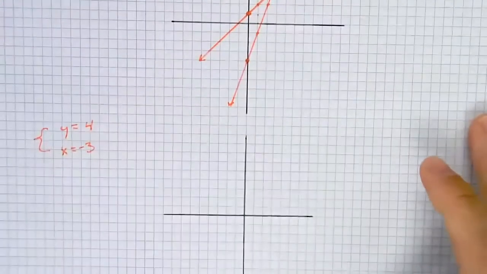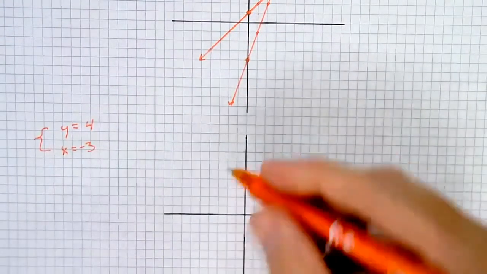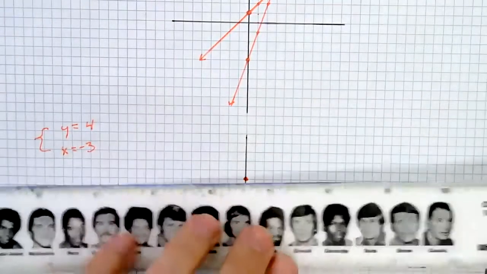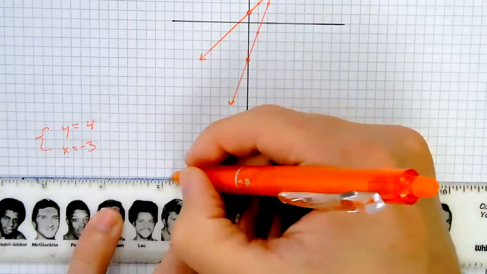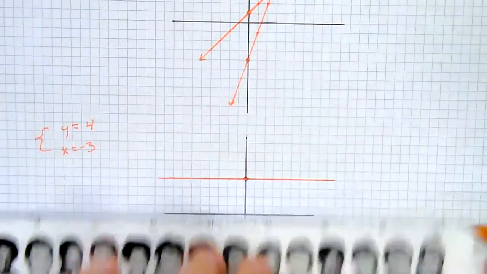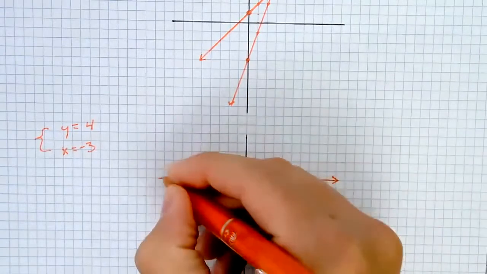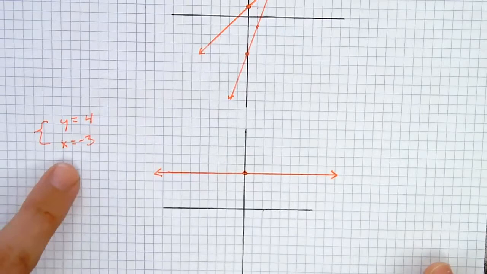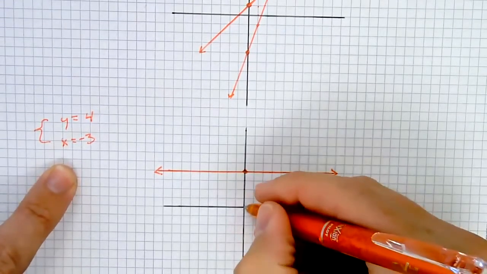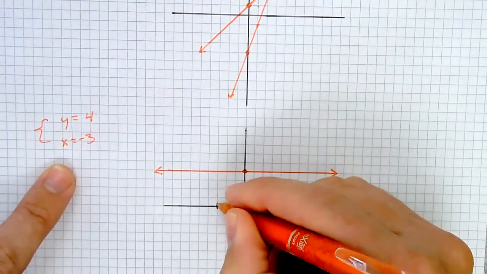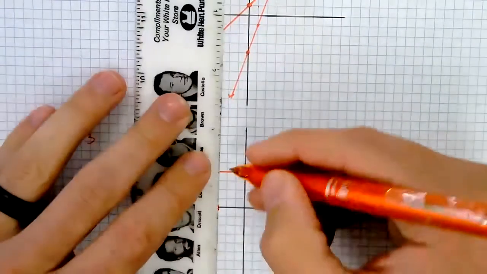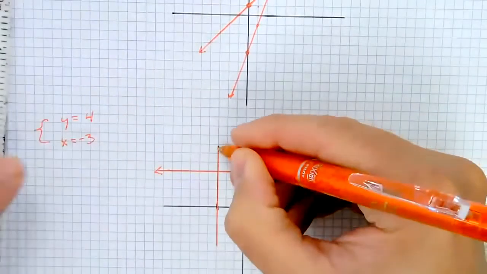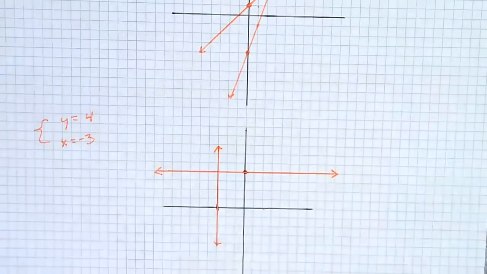If we have a graph that's y equals 4, it means we go to 4 on the y-axis, 1, 2, 3, 4. And that's just going to be a straight horizontal line because all of your y values on this line are going to be equal to 4. If you have x equals negative 3 and you're asked to graph it, you go where x is equal to negative 3, and that one's going to be a straight vertical line, like so.